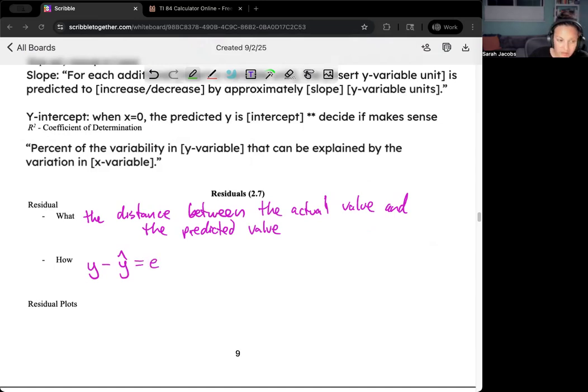That equals your error. Yay, introducing all sorts of letters that we use in other ways. So, again, this is actual. This is predicted. You'll notice this is a common theme in statistics. It's actual minus predicted. It's actual minus mean. It's observed minus expected. It's always what you actually got, your actual data point, minus what you're expecting. That is a common theme in many, many of our formulas. And then that E stands for residual.